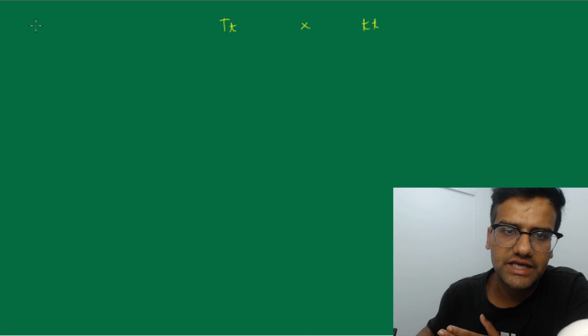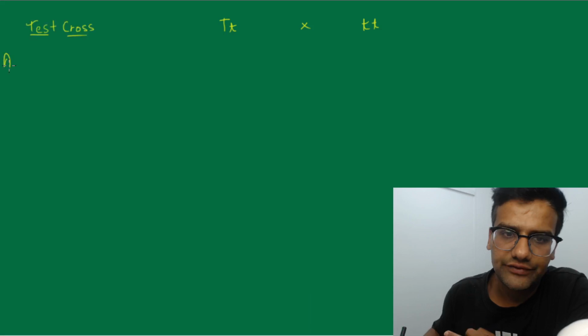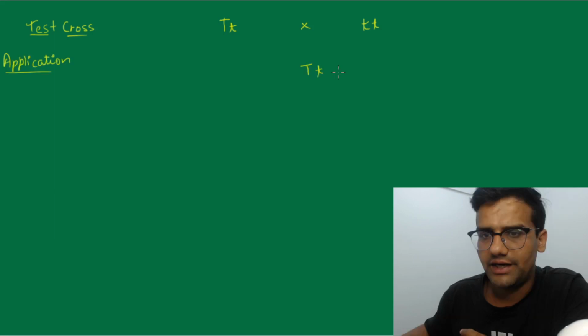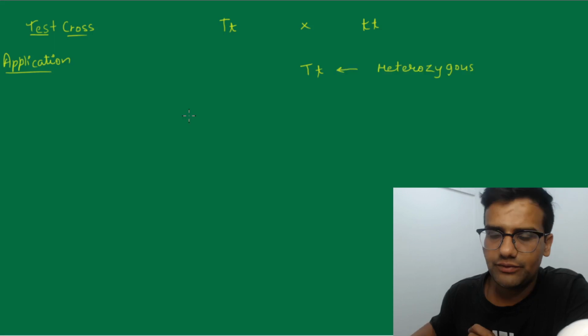Now the application of the test cross. Let us say there is a tall plant, capital T and small t. This particular plant is heterozygous tall.